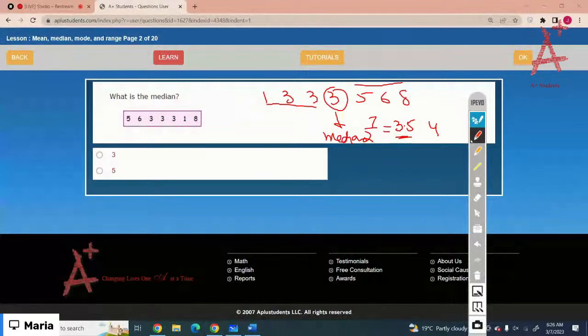Got it? Just divide the number of values by 2, like 7 by 2 is 3.5. Round off 3.5, it would be rounded off to 4. That means the fourth number in the data is the median of the data. Got it?